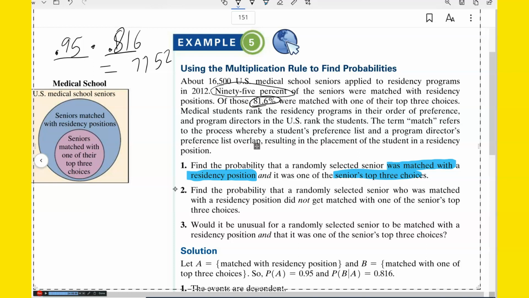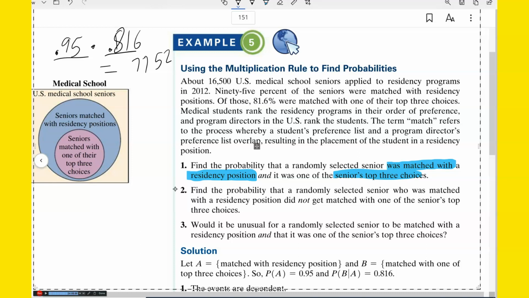All right, number 2. Find the probability that a randomly selected senior who was matched with a residency position did not get matched with one of their top 3 choices.